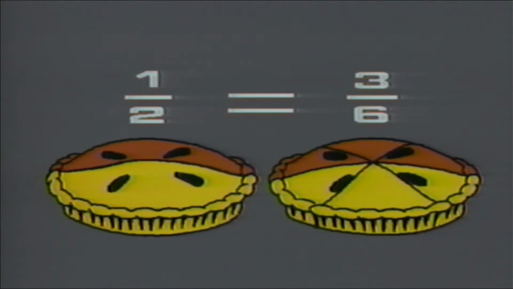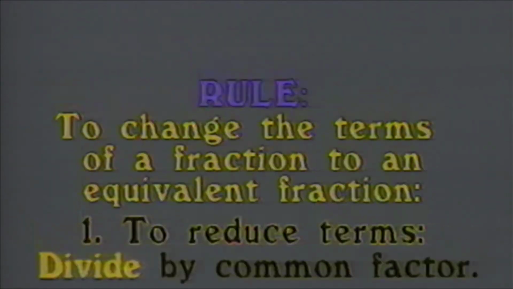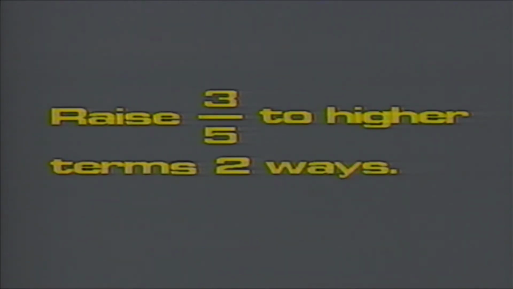The fraction 1/2 has been raised to an equivalent fraction in higher terms, 3/6. Remember, to reduce the terms of a fraction, divide. To raise the terms of a fraction, multiply. Let's do a problem. Raise the fraction 3/5 to higher terms in 2 ways.